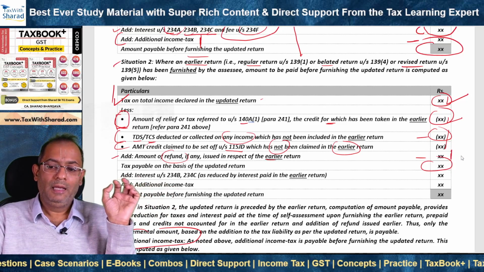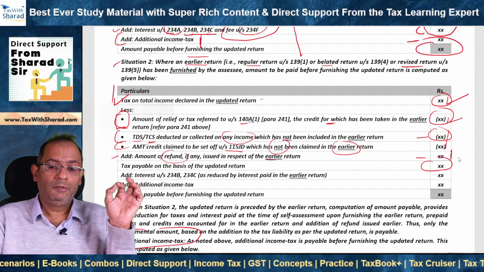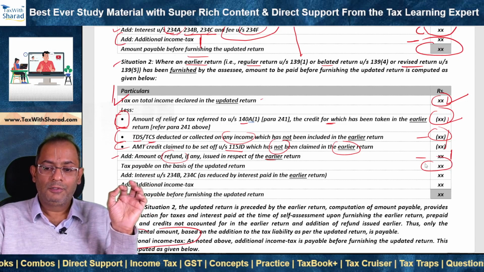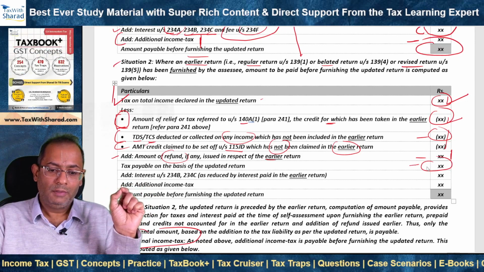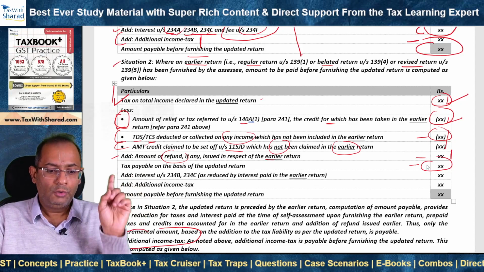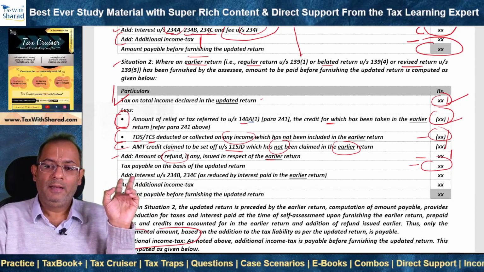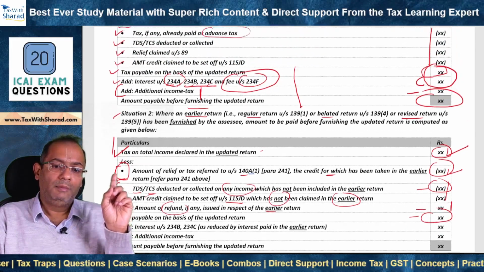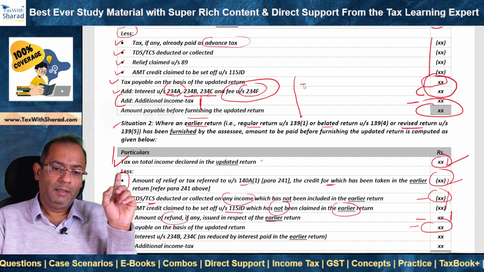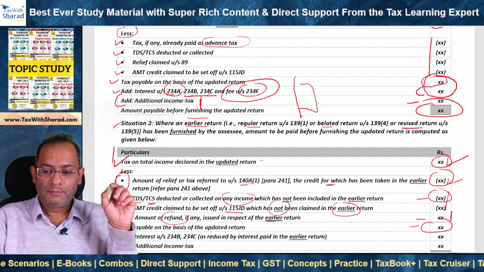You need to add the amount of refund, if any, issued in respect of the earlier return, and then consequently you will arrive at the amount of tax payable on the basis of the updated return. To this amount, two things need to be added, as we discussed in the above table as well.